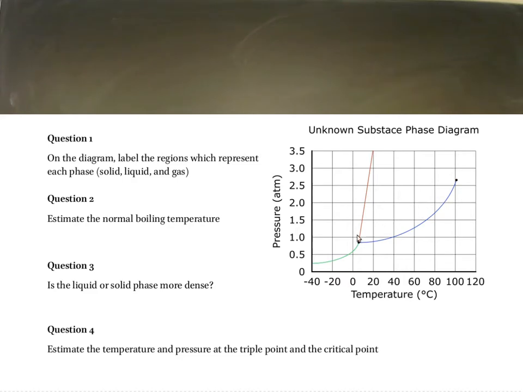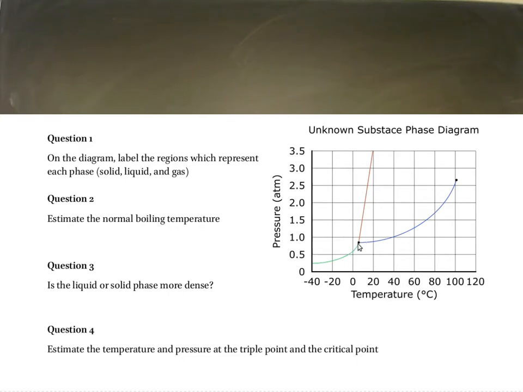The triple point will be down here where the solid, liquid, and gas phases can all coexist at equilibrium. And it looks like the pressure for the triple point is, I don't know, 0.85 atmospheres, maybe even 0.9 atmospheres, something like that.